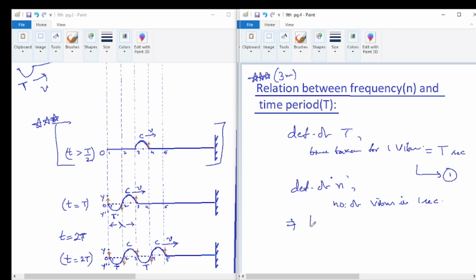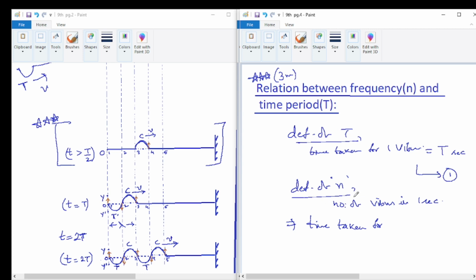Just observe this, it's very simple. Number of vibrations in 1 second itself is called frequency. Frequency is n vibrations per second, which means n vibrations are made in 1 second. We are not using anything more than the definition. Here we are using the definition of time period, from which we got equation 1.